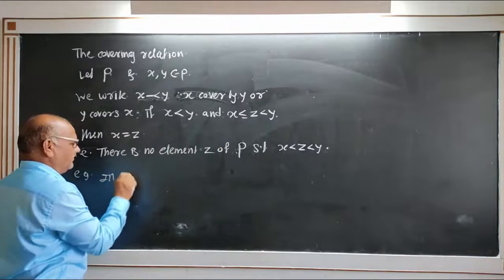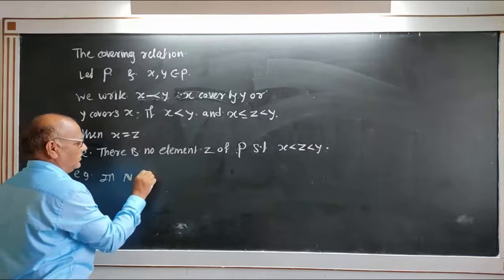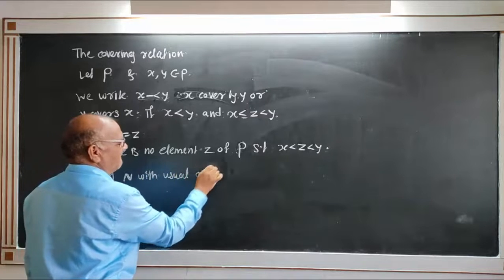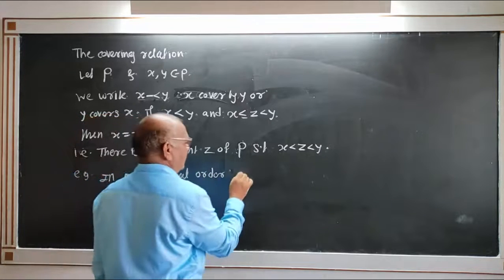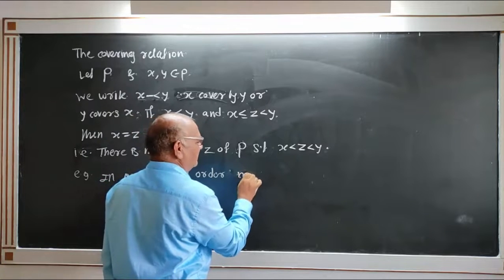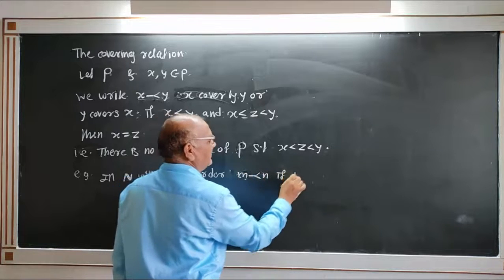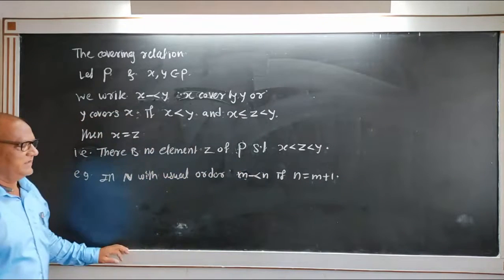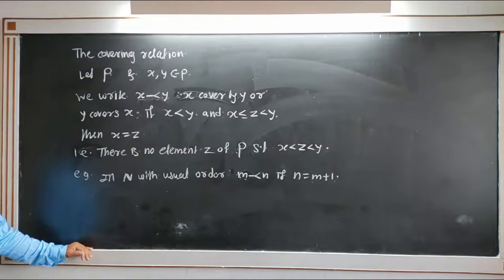in the set of natural numbers with the usual order, m is covered by n, or read as n covers m, if n is equal to m plus 1.